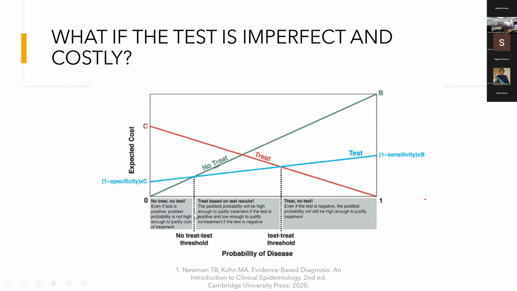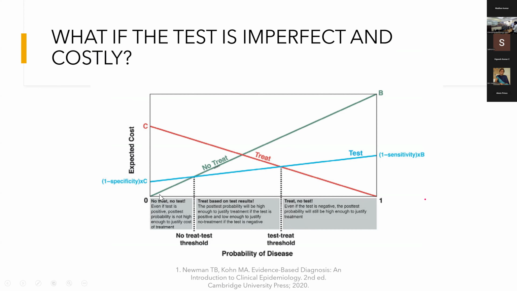When the pretest probability is less than 4%, we can find out that the no treat approach is actually less costly, so it is not worthwhile doing the test. On the other hand, when the pretest probability of the patient having influenza is more than 70%, we can see that the cost associated with treating the patient is actually less than the cost associated with testing the patient.